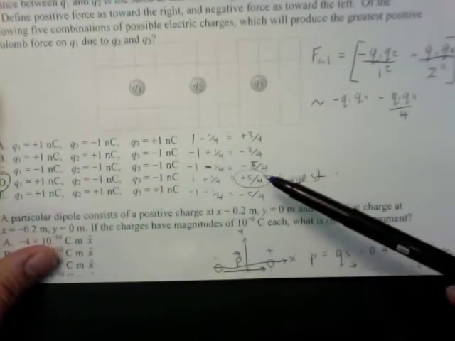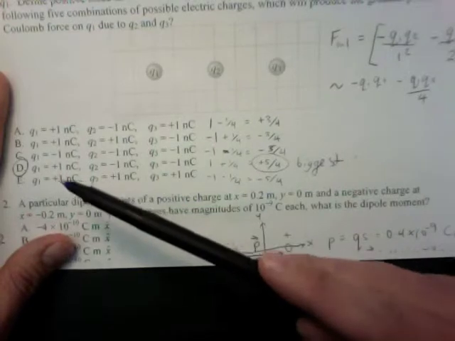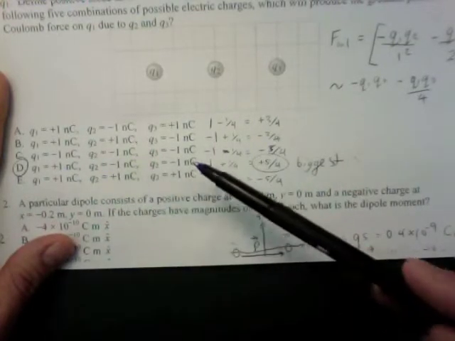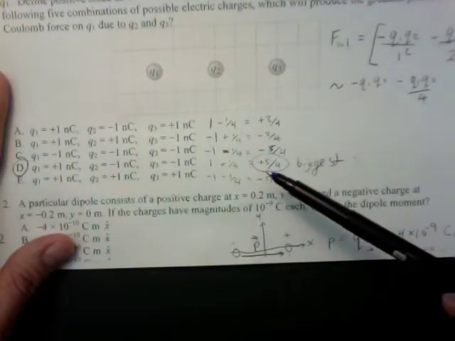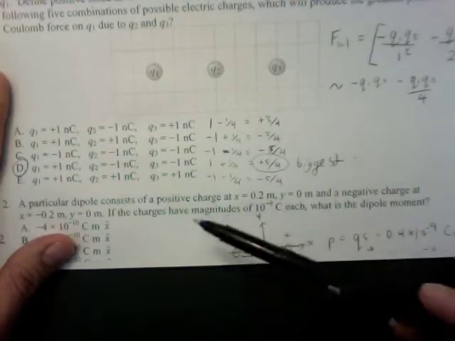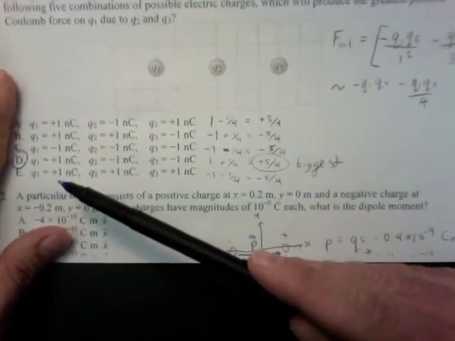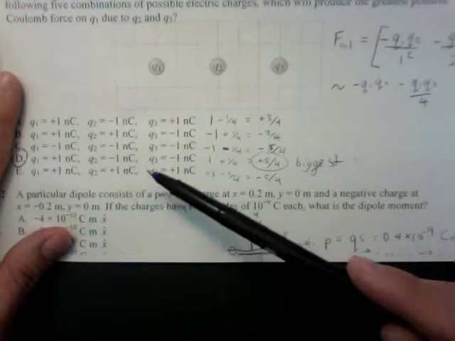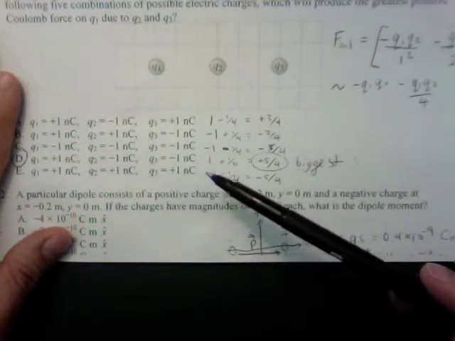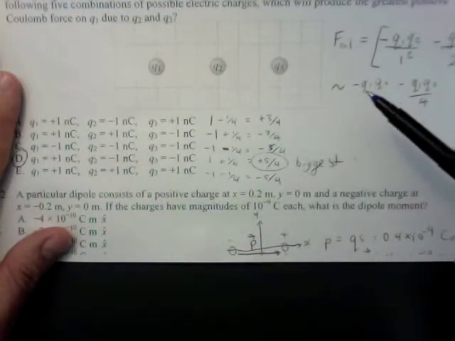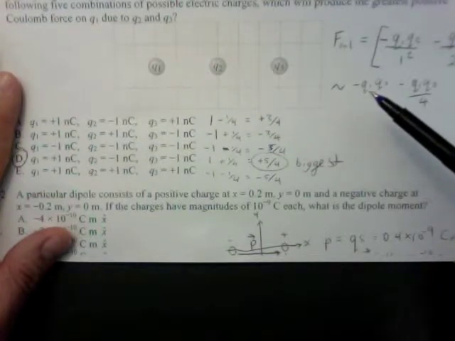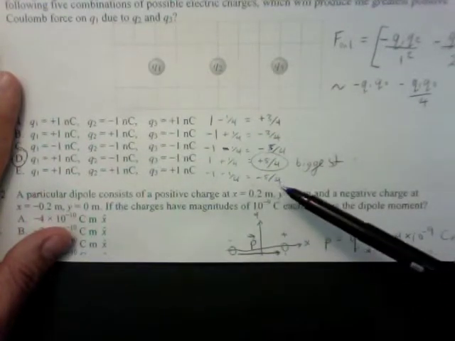So we have -5/4. For D, Q1 is positive, and these are both negative, so it's 1 plus a quarter. You get 5/4 towards the right. And if Q1 is positive, and these are both positive, positive times positive is positive, and then you put a minus sign, you get, again, -5/4.